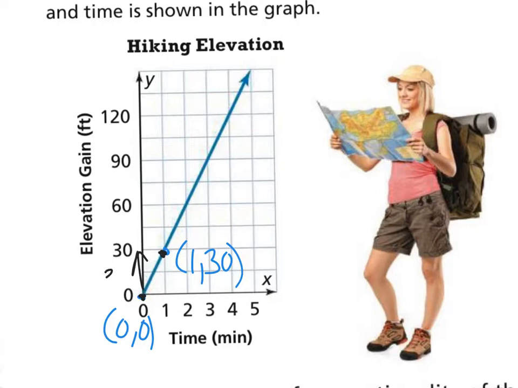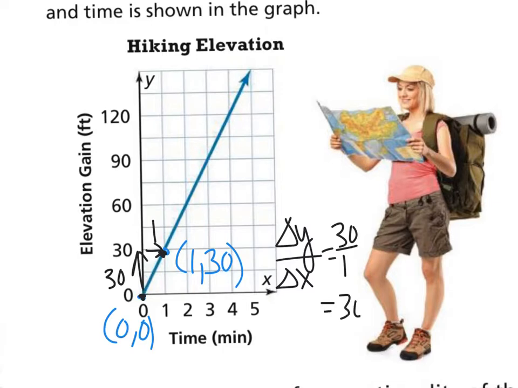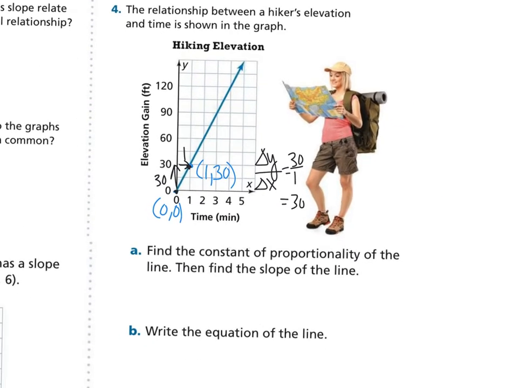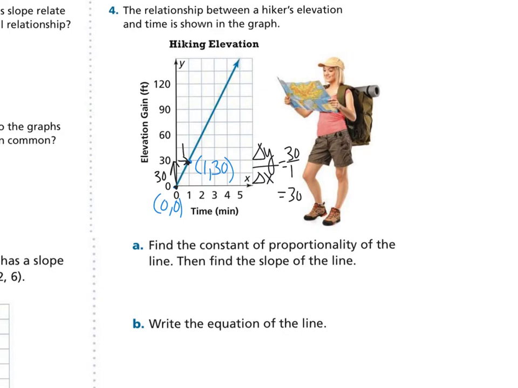Again, just to practice this, change in y, change in x, we go up 30 and over 1, so 30 over 1, 30 divided by 1 is 30. So 30 would be our slope, and it would be our rate of change. So 30 and 30 would be our answers on part A.